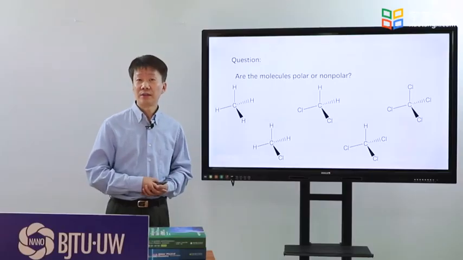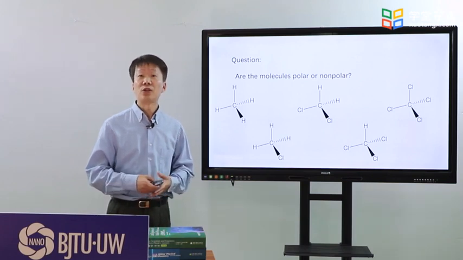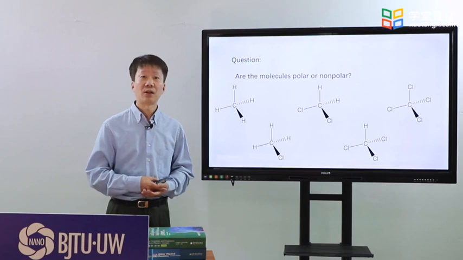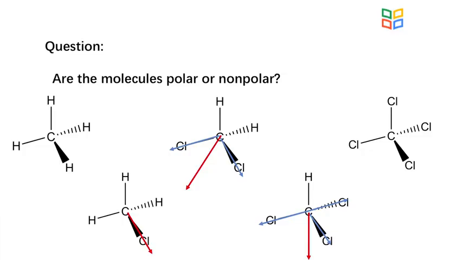For simplicity, the bond of hydrogen and carbon is assumed to be nonpolar because the polarity of this bond is low. Now, the three molecules with chlorine atoms are polar. Tetrachloromethane is nonpolar because the polarity is cancelled off due to symmetry.